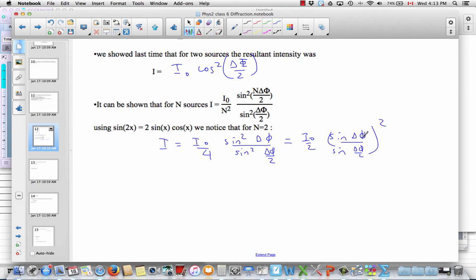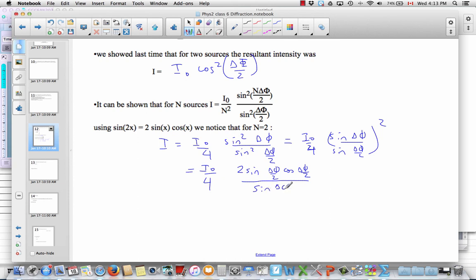And then let's treat this as sine 2x, where x is delta phi over 2. So applying the trig identity, oh sorry, this should still be a 4. So this is now going to be 2 sine delta phi over 2 cos delta phi over 2 by the double angle identity.